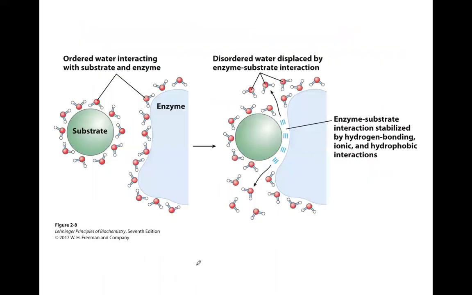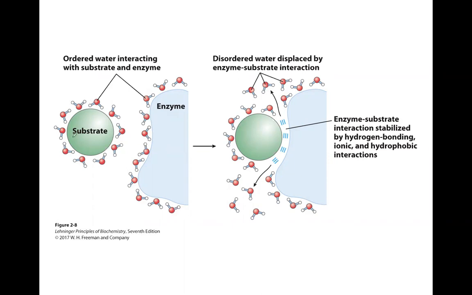Same idea. So if you have an enzyme, when we study the proteins, we will find out that amino acids which are on the outside of proteins or enzymes are primarily hydrophilic. They're designed to interact with water. And so water molecules will bind to them to a certain degree.